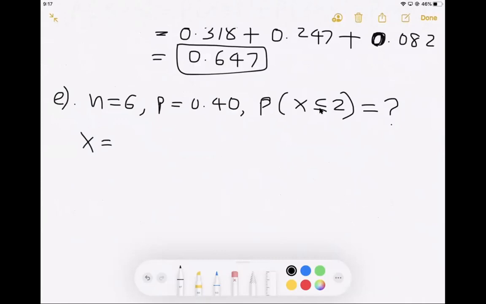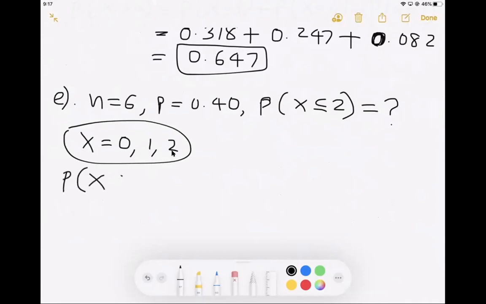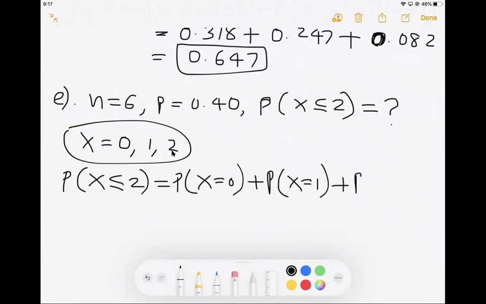Here x should be less than or equal to 2, that means x should be 0, 1, 2. Okay, because here we have an equal mark, so you have three parts. Now you can write this as probability of x is equal to 0, probability of x is equal to 1, and probability of x is equal to 2.